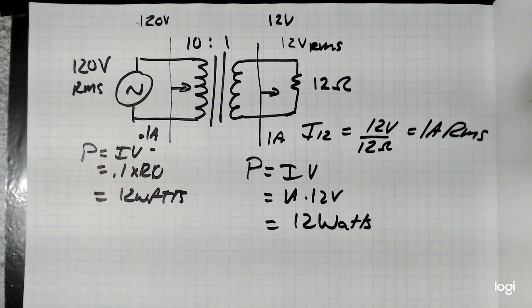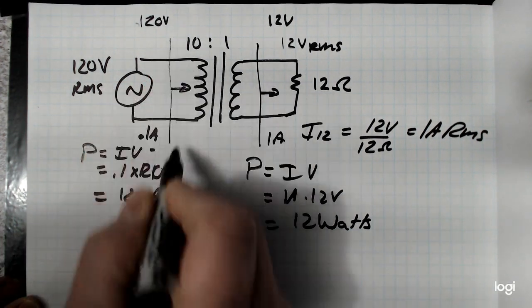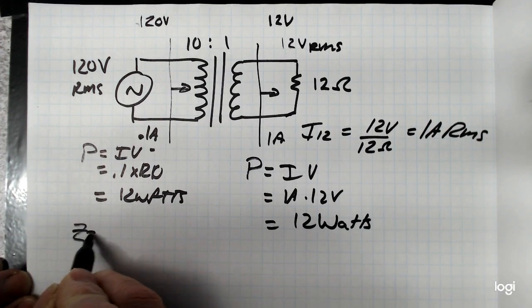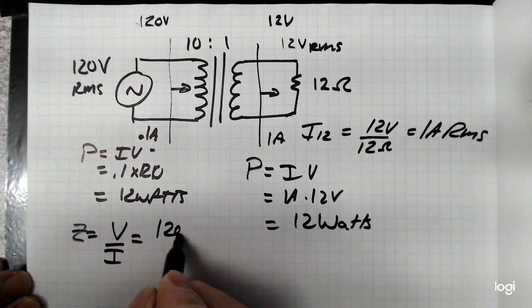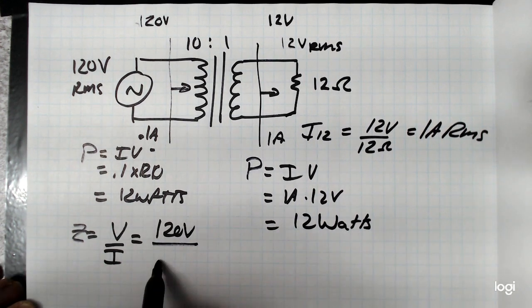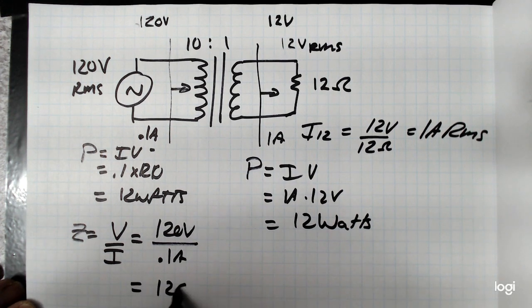But what is the impedance that the 120 volt source thinks it has connected to it? To figure out the impedance looking from this point, that's the Z, I would take Z equals V over I, which would be 120 volts over 0.1 amps. That's equal to 1200 ohms.